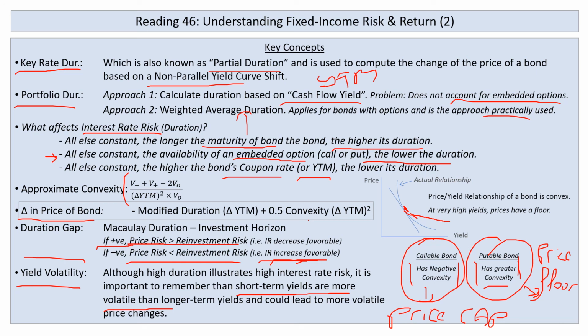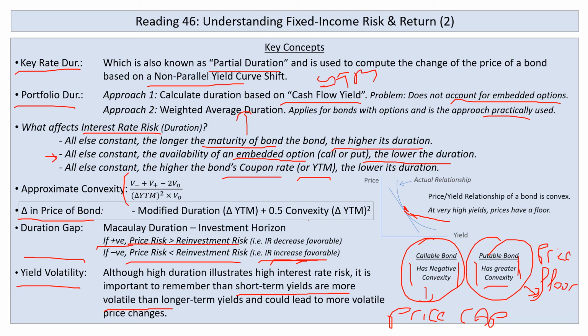So short-term yields are volatile, and although short-term bonds have a lower sensitivity to interest rate changes, interest rates do change very largely for those bonds. Long-term bonds have a large sensitivity to interest rate risk, yes, a large duration. However, yields on those bonds are more stable and would not really change. So this is a distinction to be made.